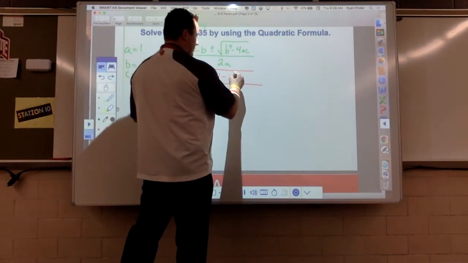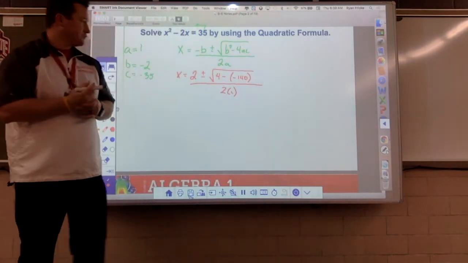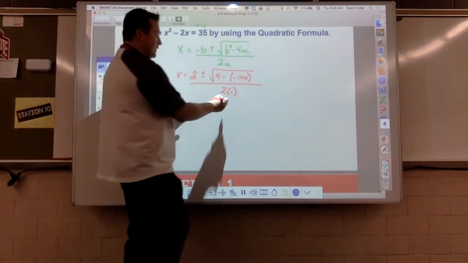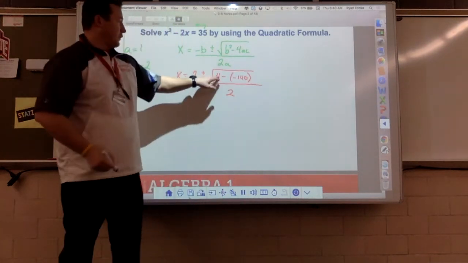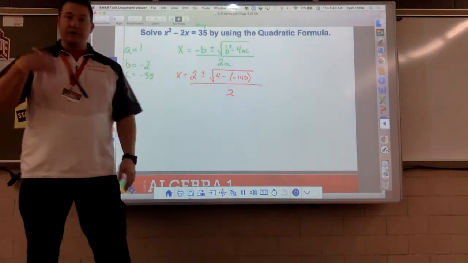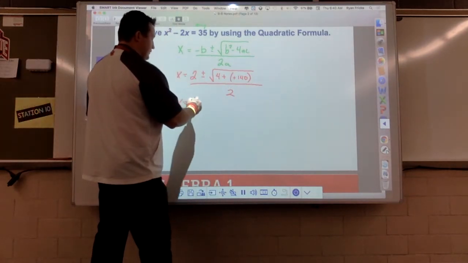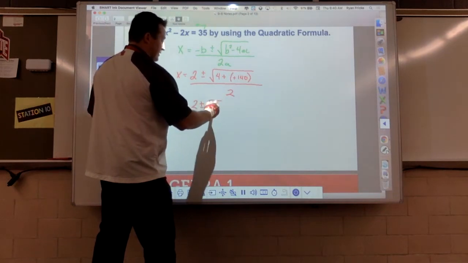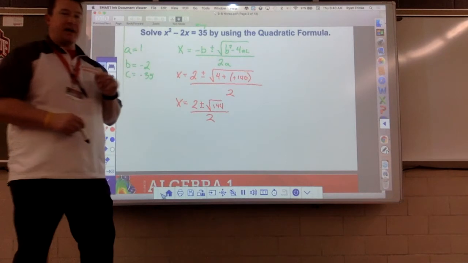Of course, 2 times 1 is just going to be 2. 4 minus a negative really means plus, so all of this turns into x equals 2 plus or minus the square root of 144, all over 2. Bam.